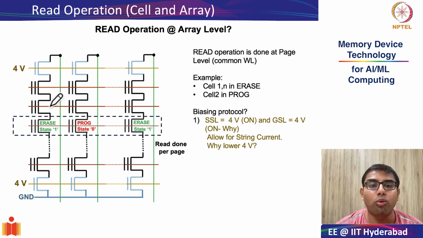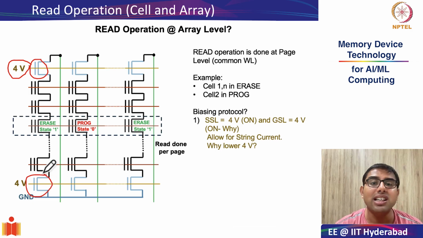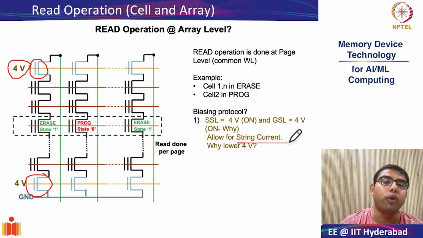And to do that, you apply a gate bias such that you turn on both the SSL, the source select line transistor, and GSL, the ground select line transistor. This is to allow for string current to flow.